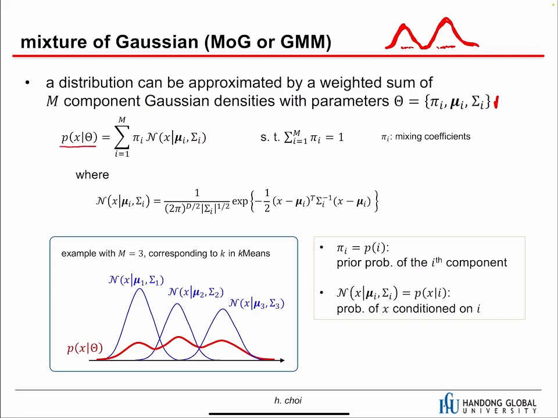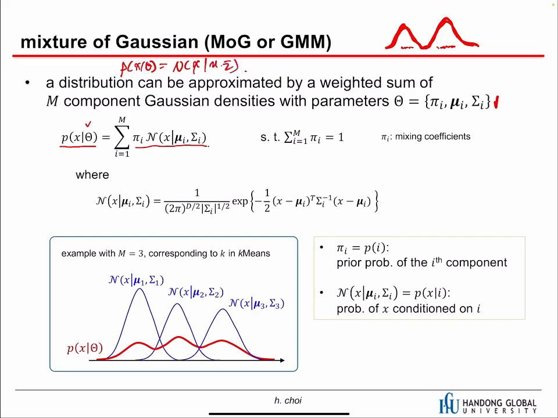So the probability of x given parameters, this is actually the likelihood. This probability can be modeled by a weighted sum of these Gaussian distributions. Before, when we talked about probability with a single Gaussian distribution, p of x given theta was something like this, right?